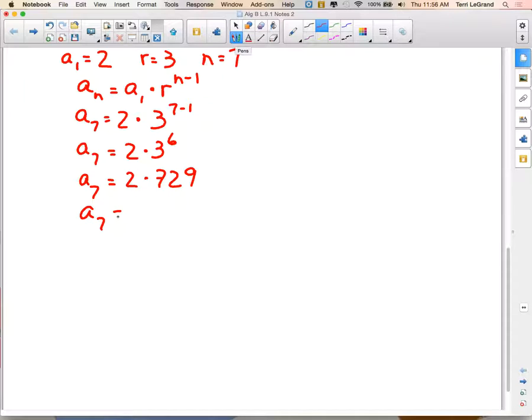The 7th term of this sequence is 1,458. We started with a positive number, we kept multiplying by a positive number. If we end up with a negative number, there should be something flashing in our brain saying, what is going on?